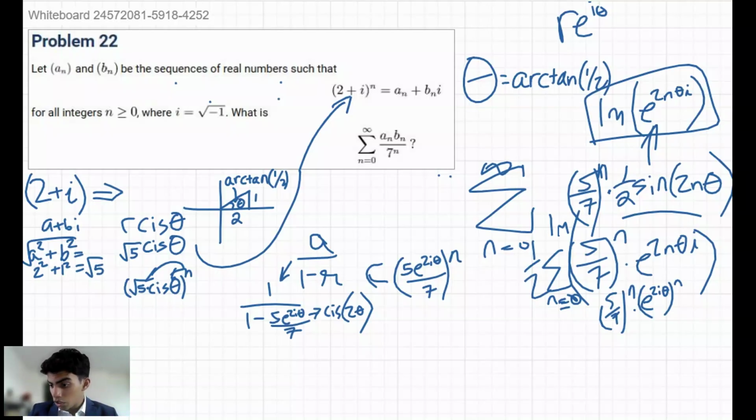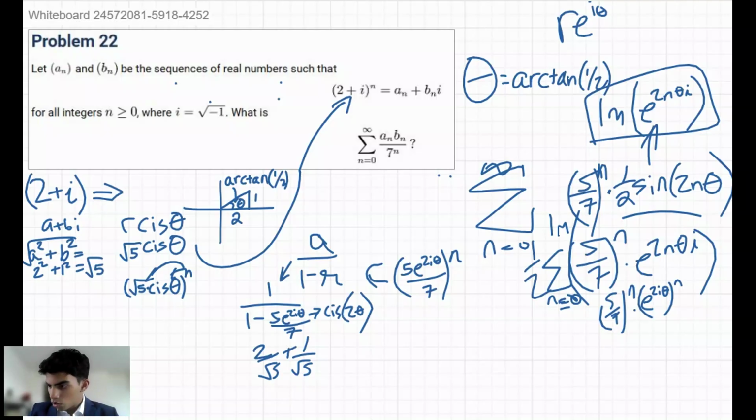And the complex number on the unit circle that coincided with that angle was, as we denoted earlier, 2 over square root of 5 plus 1 over square root of 5 i. It was essentially this complex number divided by the magnitude.